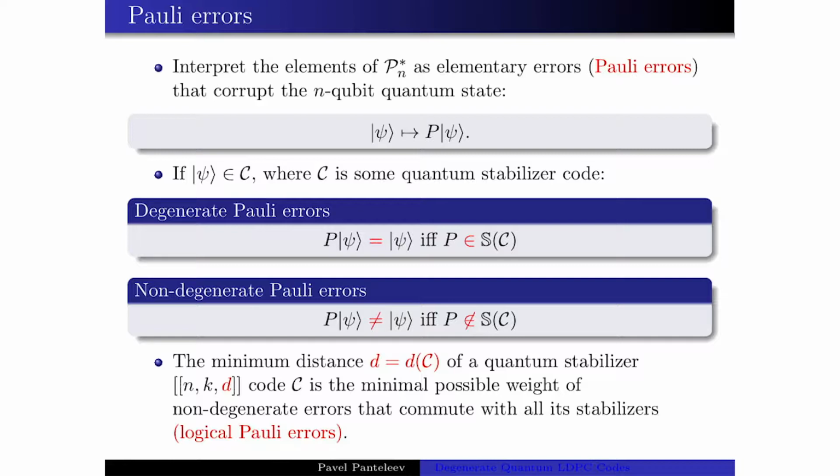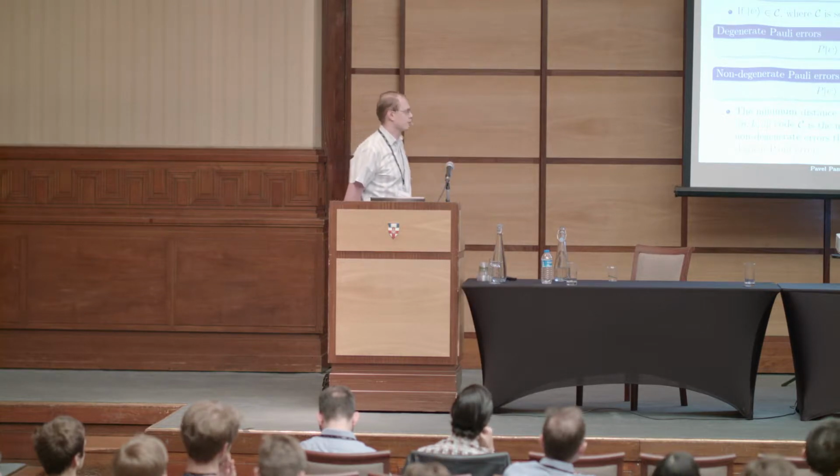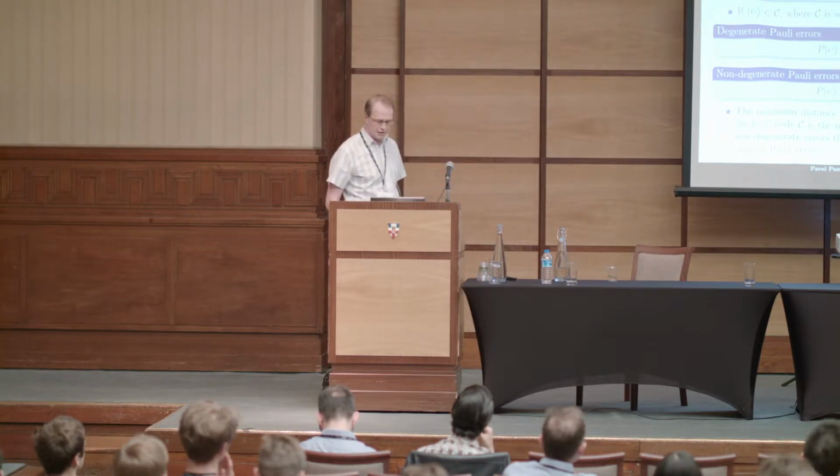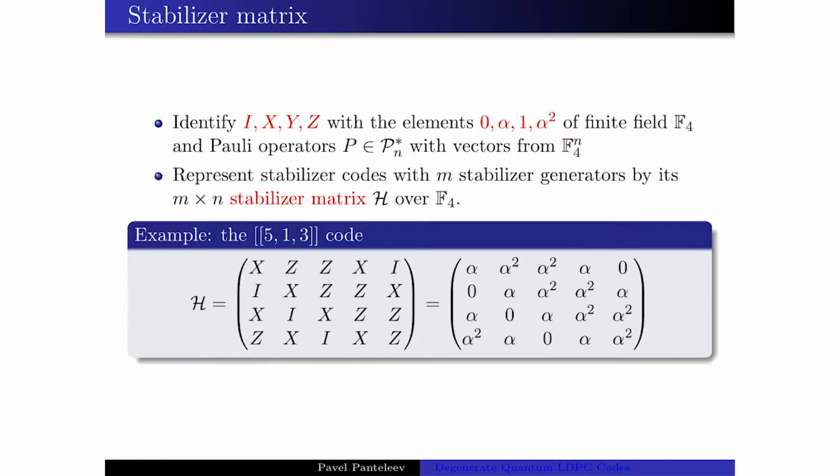As you know, the minimum distance is just the minimum possible weight of non-degenerate errors that commute with all the stabilizers. These are usually called logical Pauli errors. During this talk, we will identify these Pauli matrices with finite field elements, and we also identify Pauli operators with the corresponding vectors over the field of 4 elements.